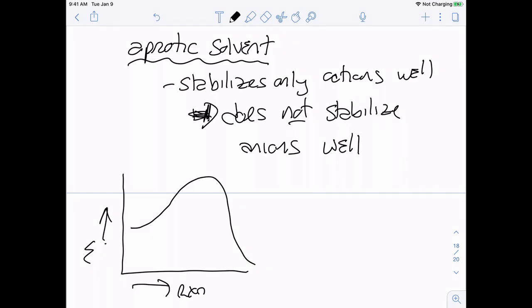So if I was to add a protic solvent, I am stabilizing that nucleophile. This is with protic.